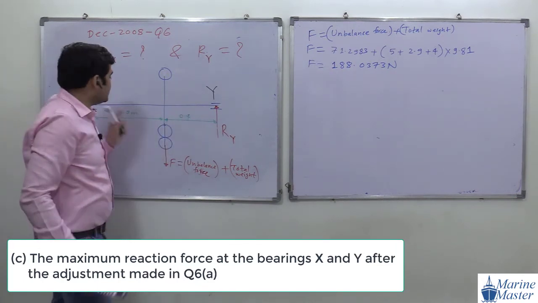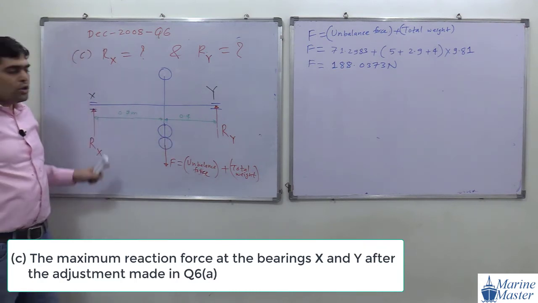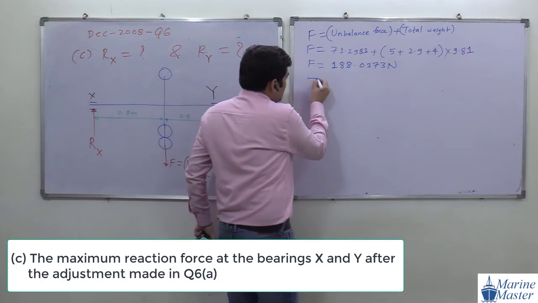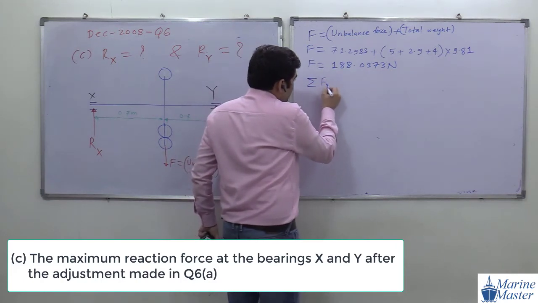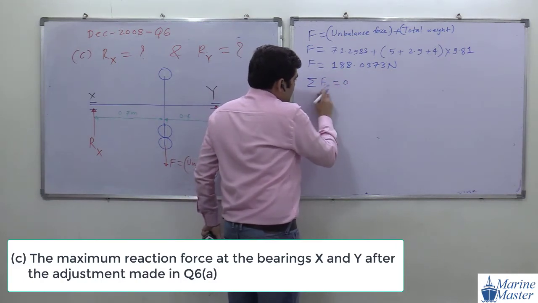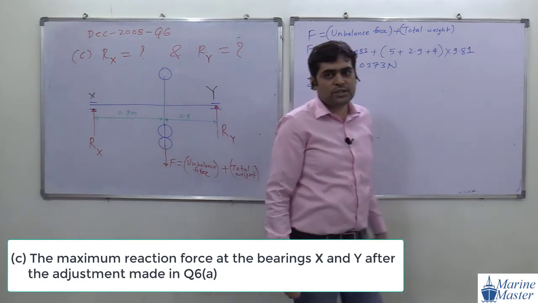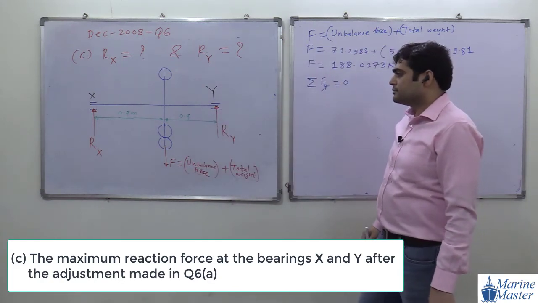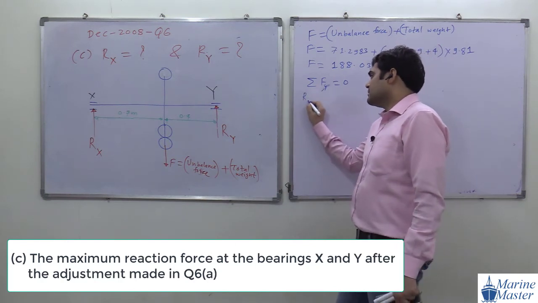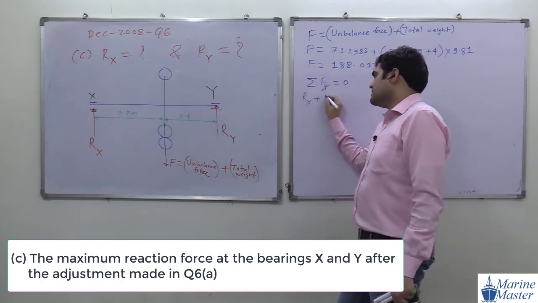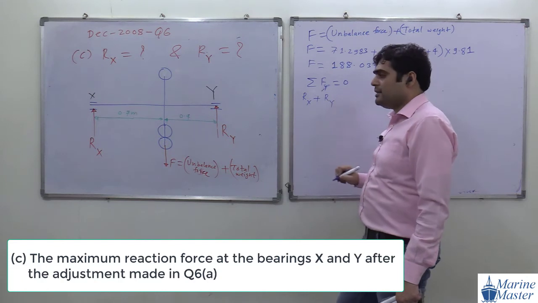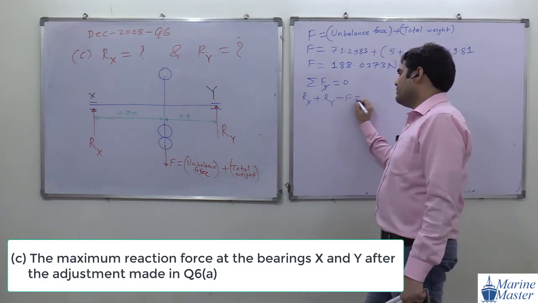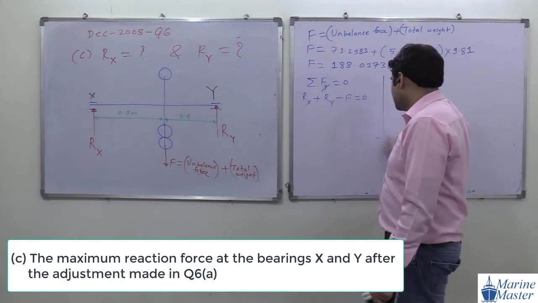So now guys, is there any force in the x direction? No force is in the x direction. So directly we can start with the summation of forces in the y direction, the vertical forces. What are the forces in the y direction? Rx plus Ry minus F is equal to 0.